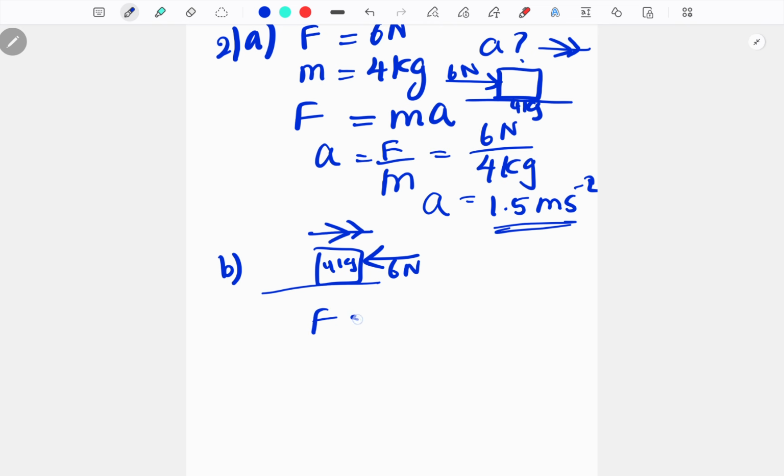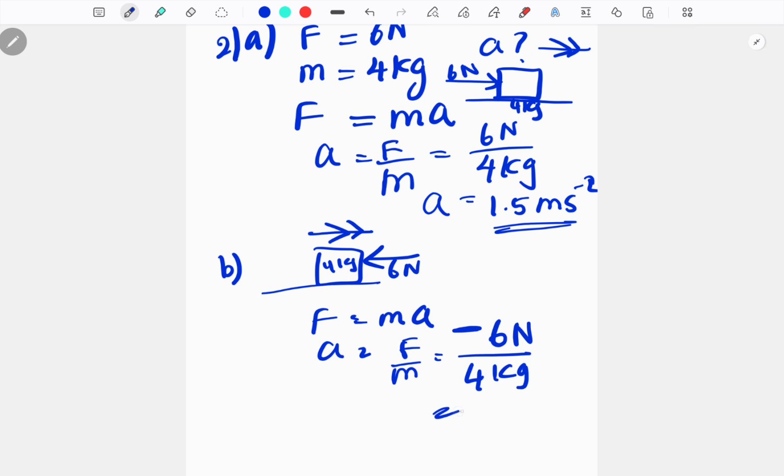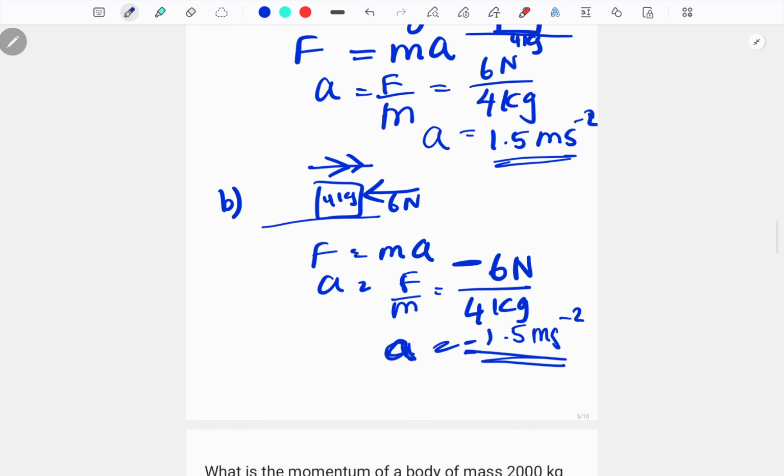So what happened? F equal ma, a equal F over m. Force is to which direction? Opposite direction. So it is minus 6 Newton, 4 kg. The same answer coming, but opposite direction of that. So acceleration negative means what? It is deceleration.